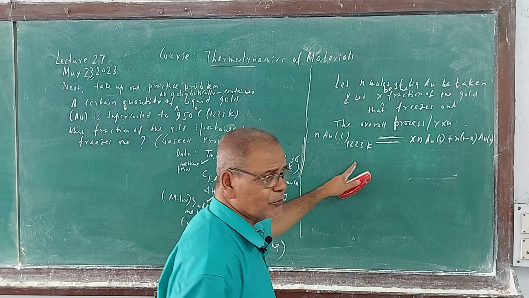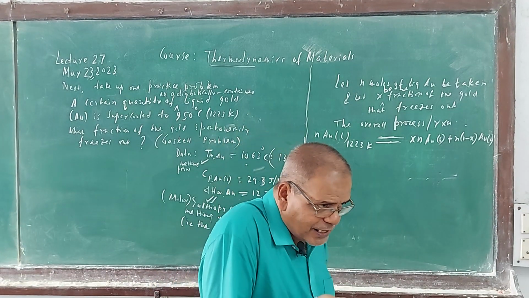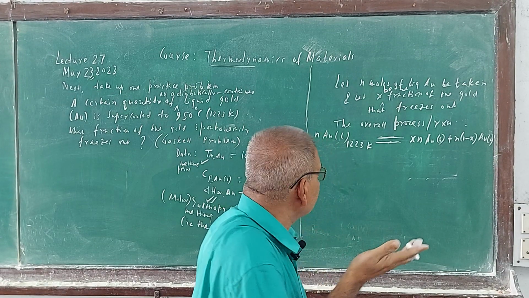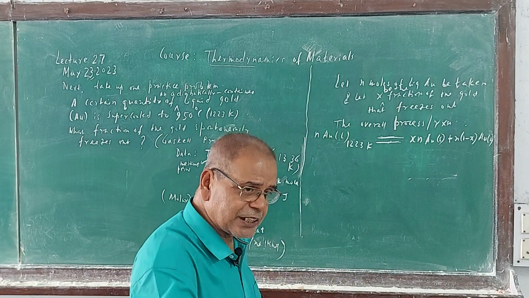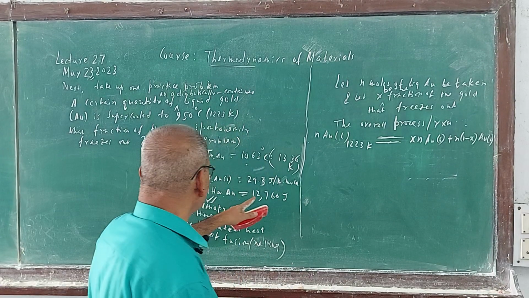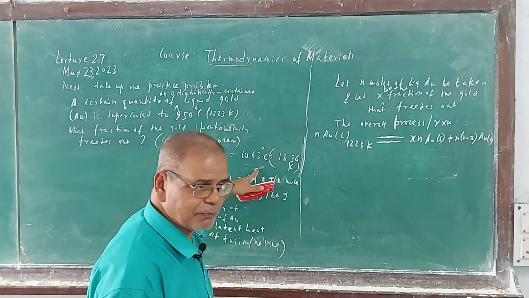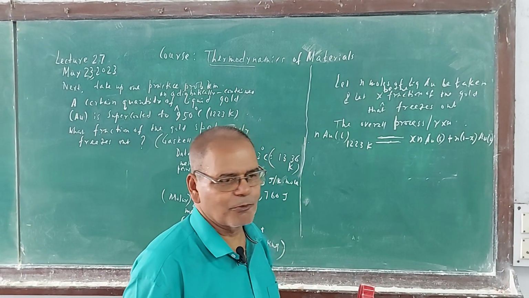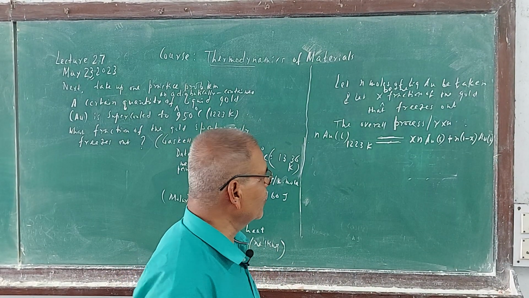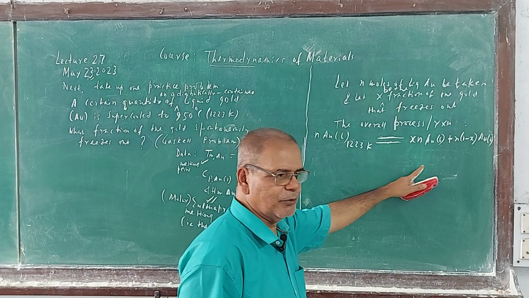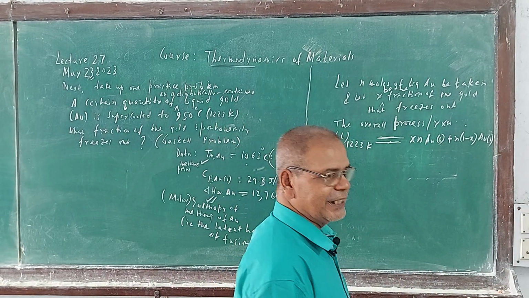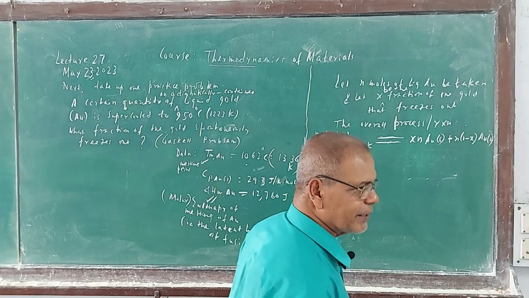I started at 1223, so it will rise, 1250, 1300, 1320, and at a time it will be 1336. 1336 is the melting point, the freezing point. Once it hits 1336, it will stop. There is no more freezing. So the X fraction attains that critical temperature, the freezing temperature, the melting temperature, same thing.